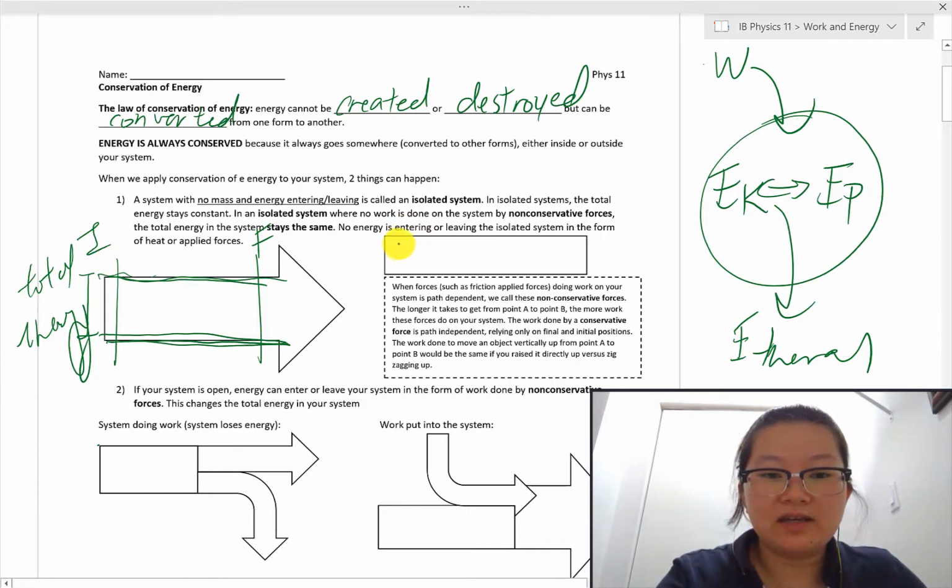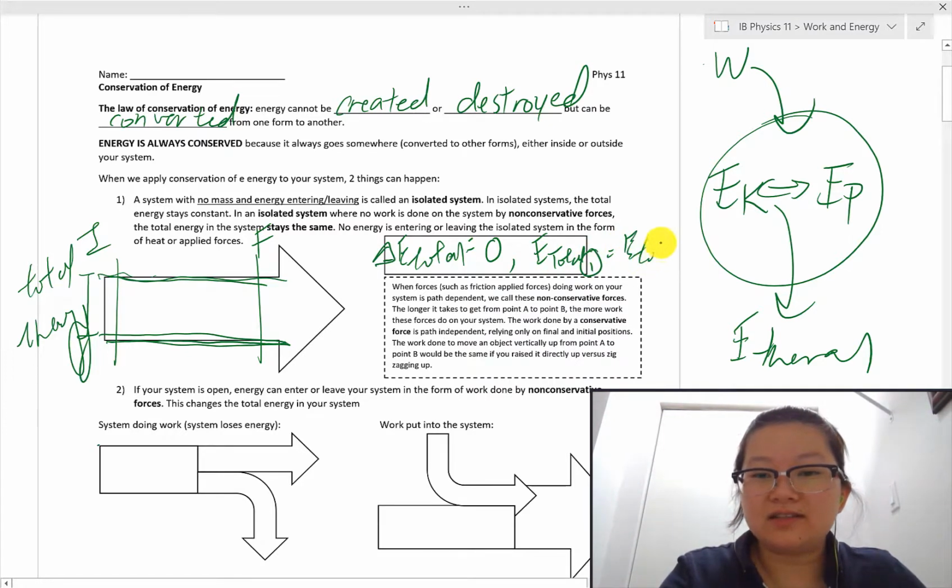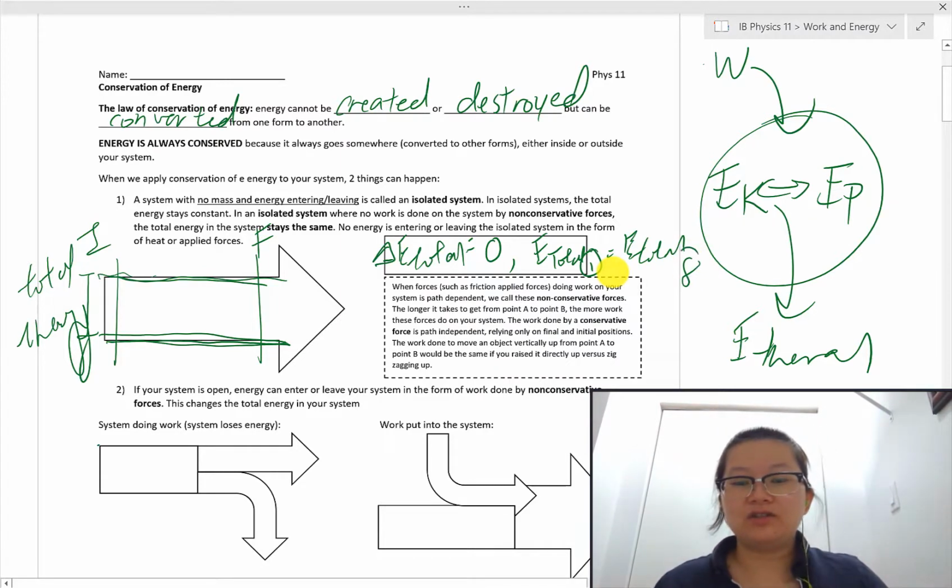So we can say the change in total energy is zero. Another way we can express that is the total energy at some initial state is equal to the total energy at some final state. So it just means the total energy doesn't change in our system.